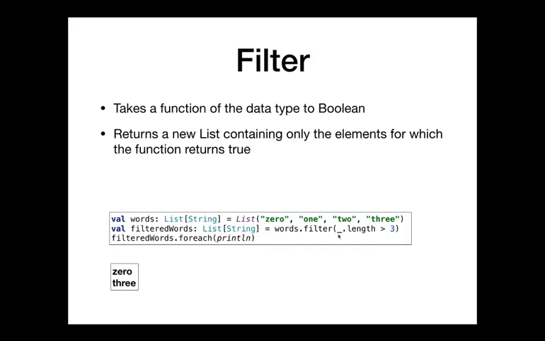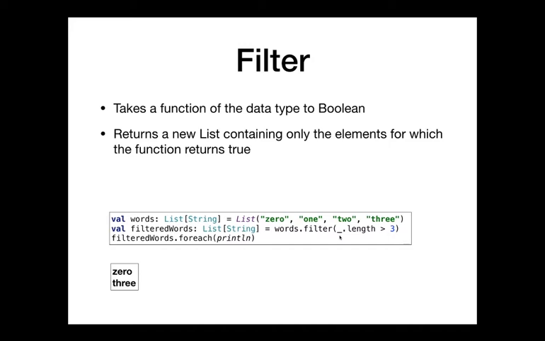I'm going to use this underscore notation, which is shorthand when Scala can infer the type of the parameter. In this case, I'm calling filter on a list of strings, so it knows it's expecting a function that takes a string and returns a Boolean. So it can infer the type, and it's only when I'm using the input one time.